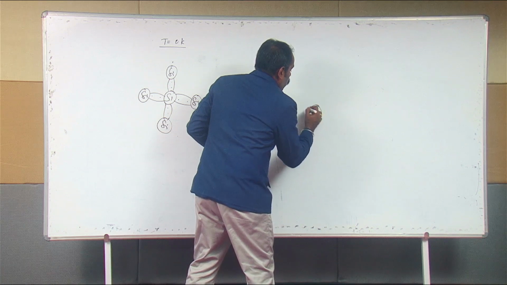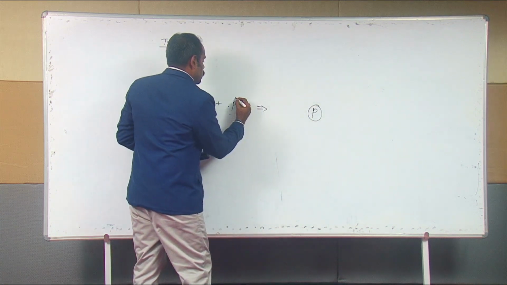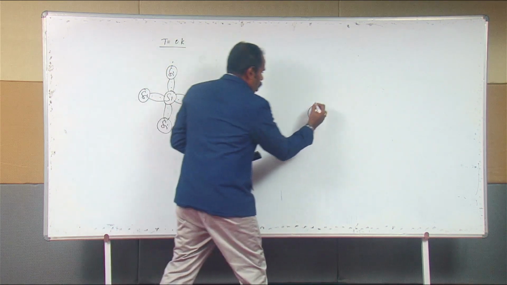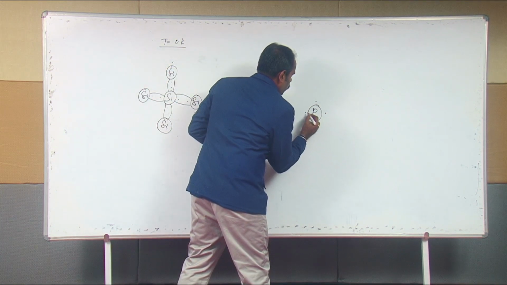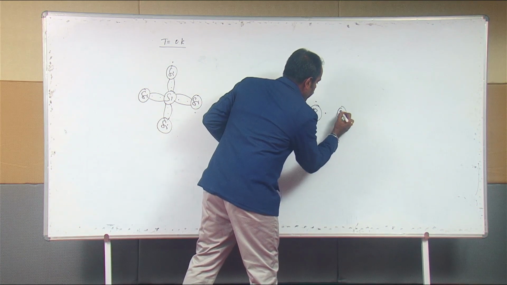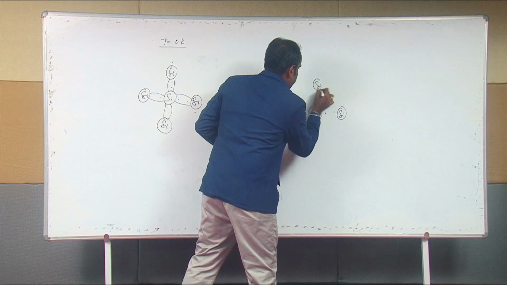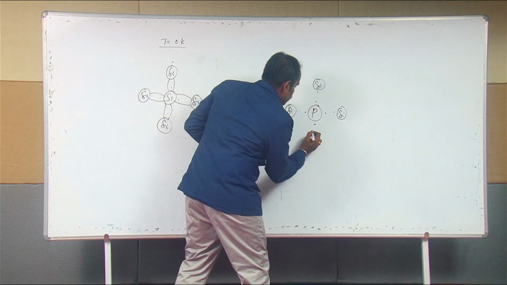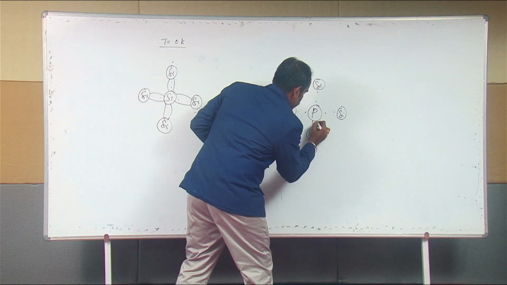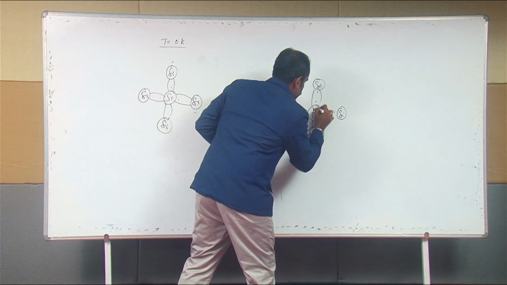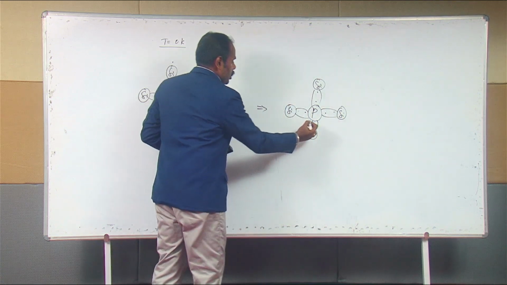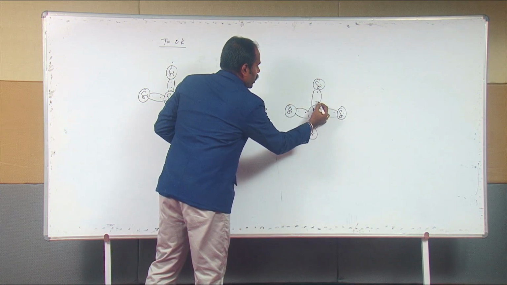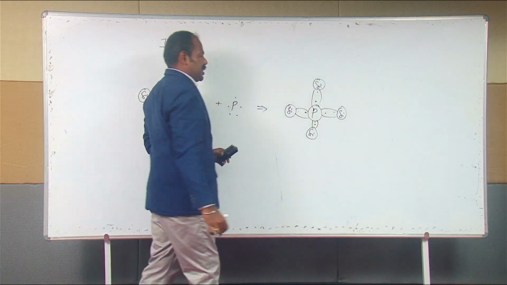Right. Now, out of the 5 valence electrons possessed by this phosphorus atom, 4 valence electrons will be involved in covalent bond formation with the surrounding silicon atoms. So, out of 5 valence electrons, 4 are involved in the covalent bond formation.